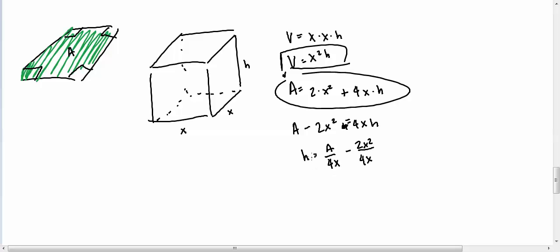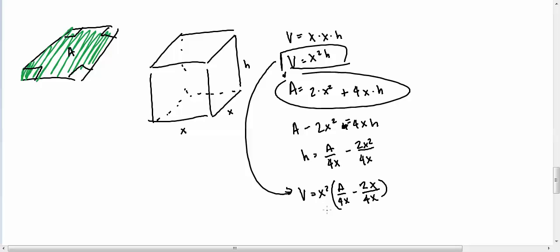Now, since that's h, I can always rewrite volume as x squared times all of that: A over 4x minus 2x squared over 4x. Yeah, okay, so we're good there. And then I'm going to bring this guy inside. So I have Ax squared over 4x minus, I'm sorry.